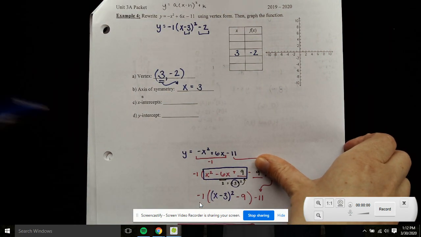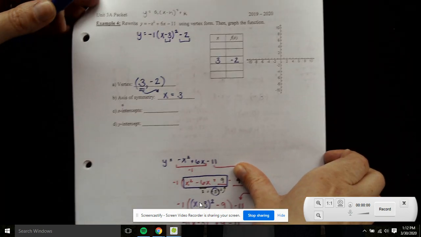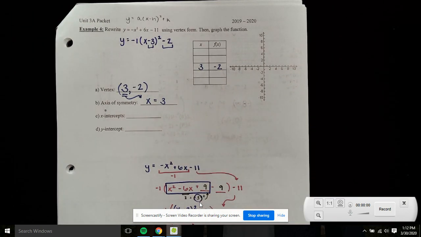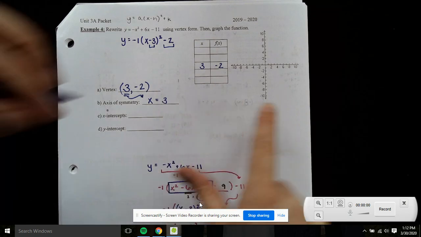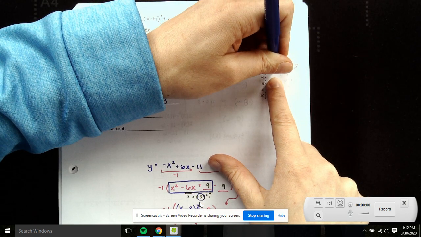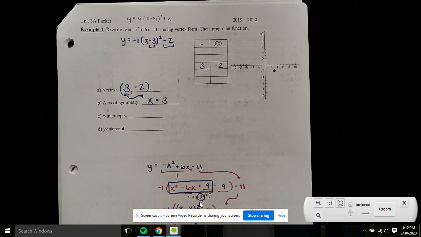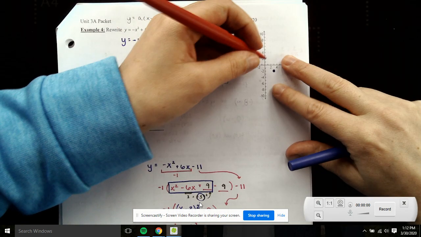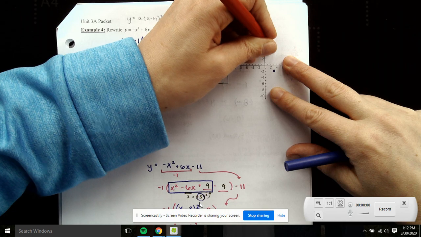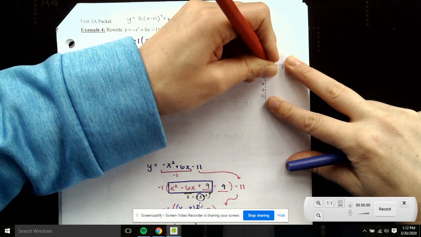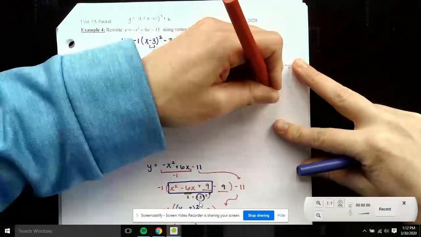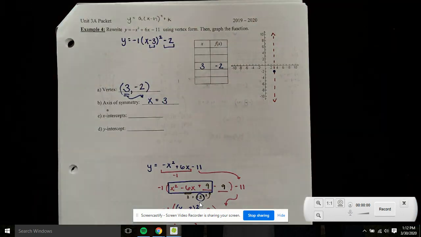I can do that by recognizing the x value, or I can go straight over to my graph over here, plot 3, negative 2, and draw my axis of symmetry. Keep in mind, I always use a dotted line. This is not actually part of the graph. It is just a reference.